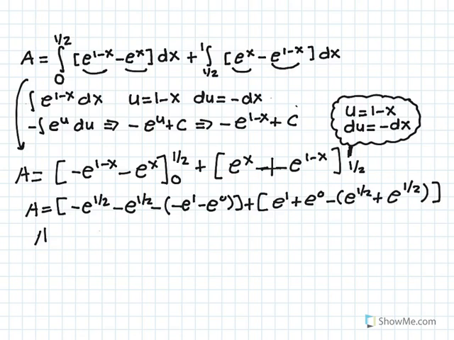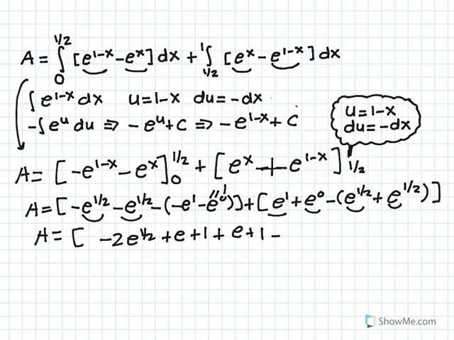Area is equal to, so what we have is minus e to the 1/2 minus e to the 1/2, that's minus 2e to the 1/2. E to the 0, of course, is 1, so we get minus, minus minus is plus e, and minus 1 is plus 1, plus e, plus e to the 0 is just 1, minus, and then e to the 1/2 plus e to the 1/2 is going to be 2e to the 1/2.